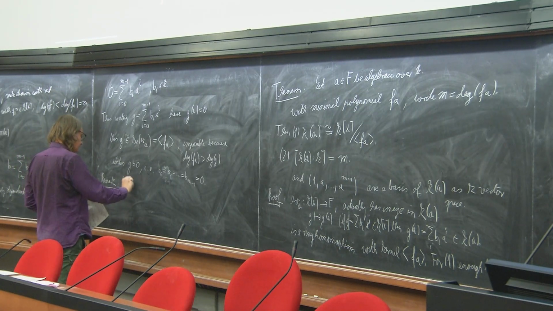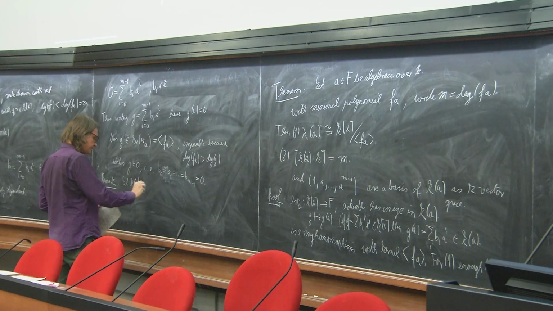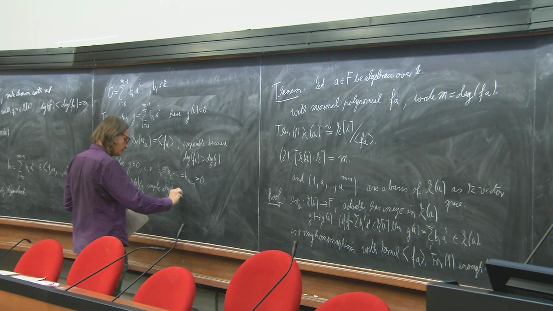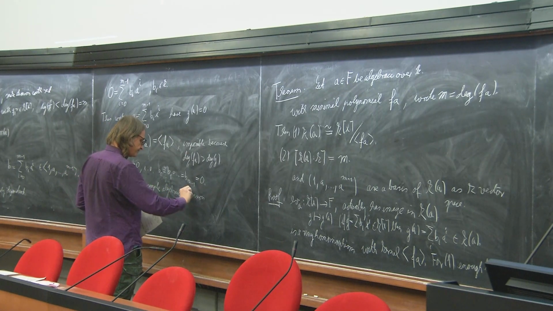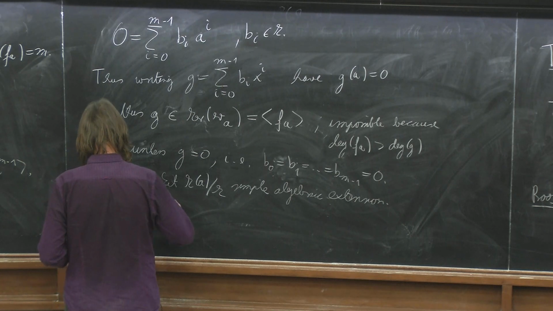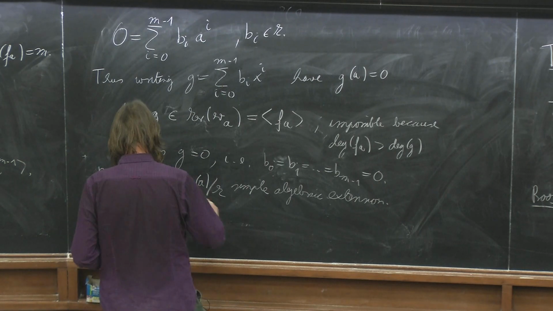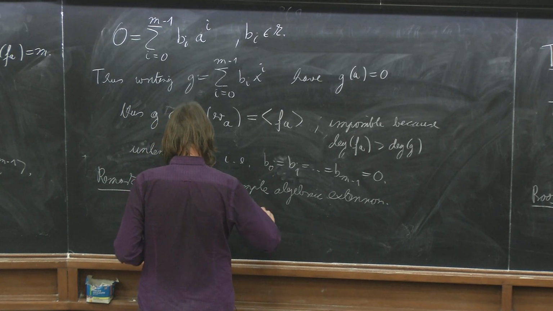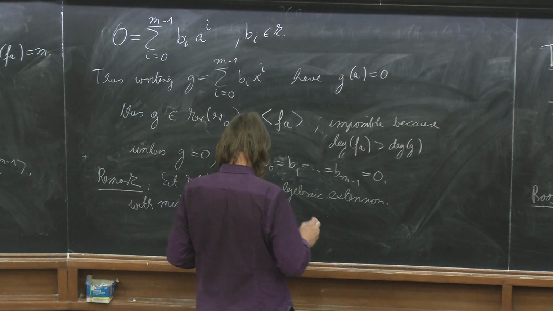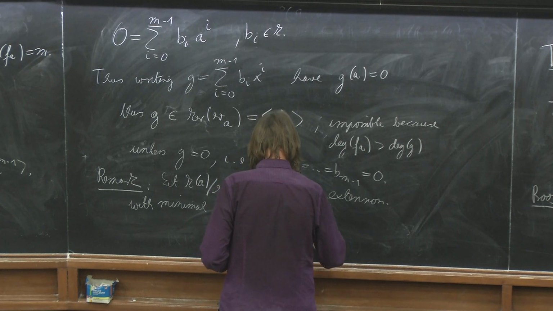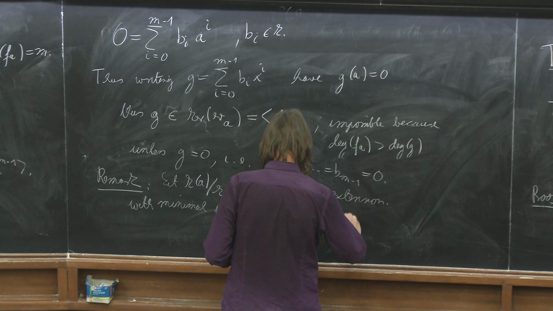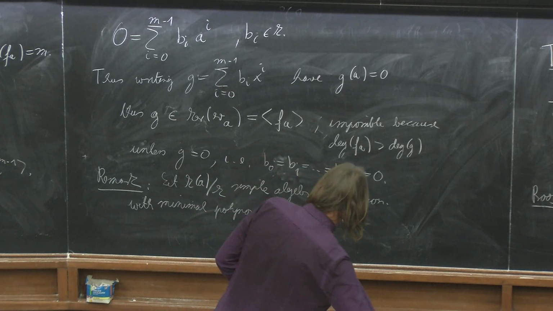So let K(a) be a simple algebraic extension with minimal polynomial f_a, which I write as the sum i equals 0 to m of b_i x to the i. Then how do we compute?